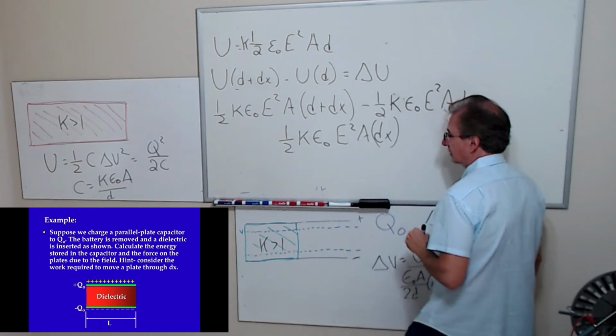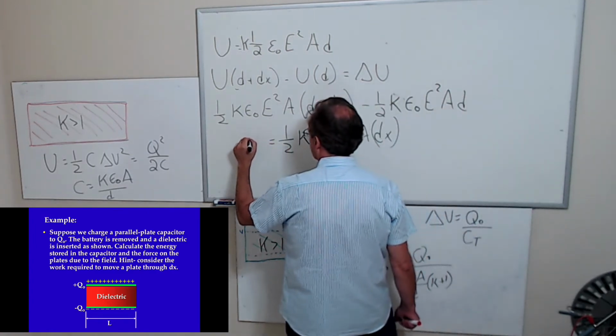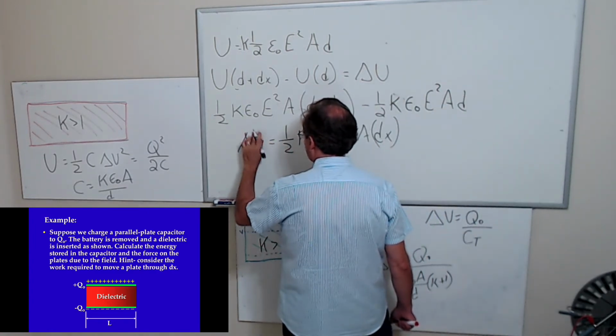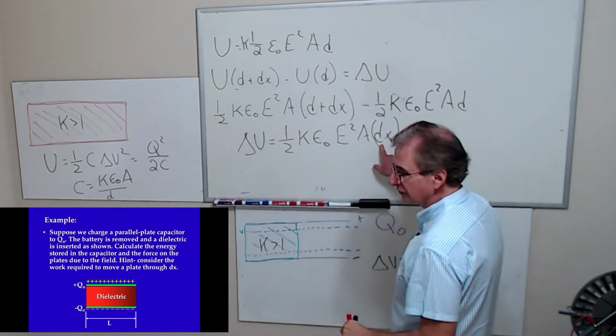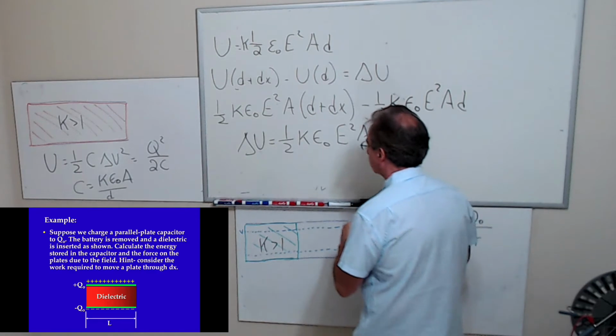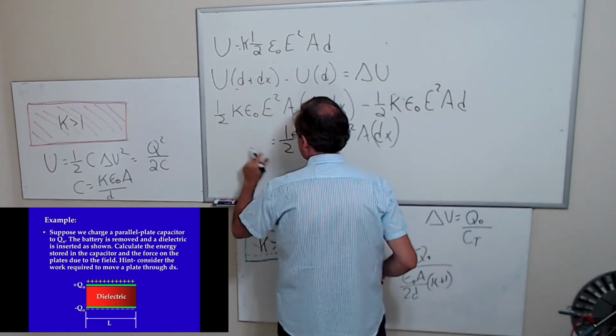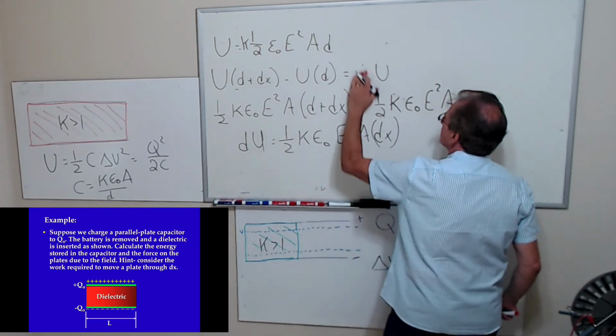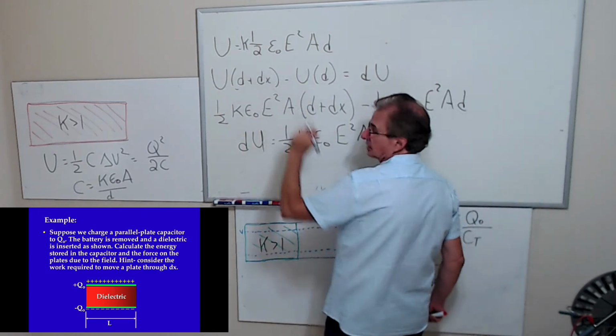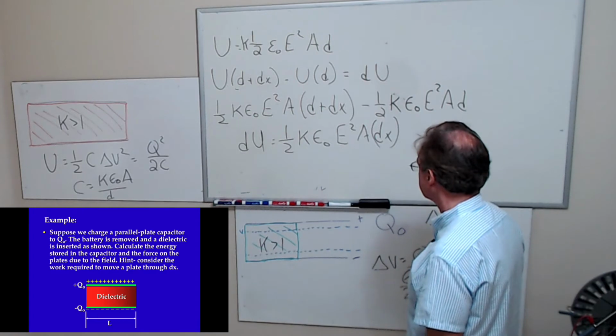This is a dx. This is my delta U. But really it's not a delta U because I moved this an infinitesimal amount. This is really a dU. I should call this dU to be more precise because I've displaced it by an infinitesimal amount.